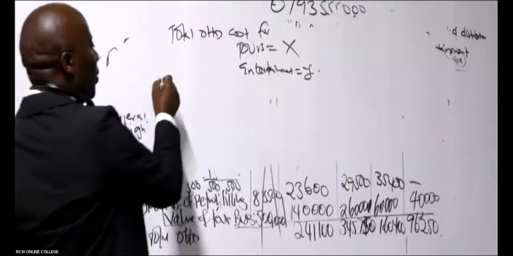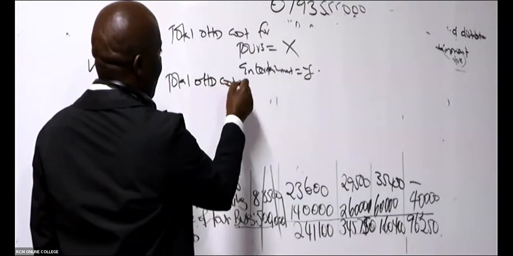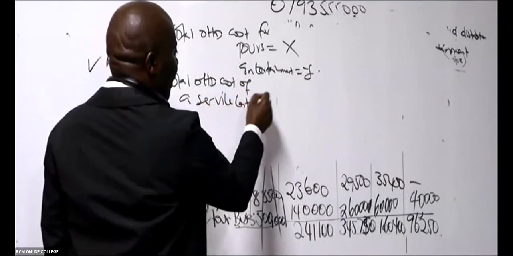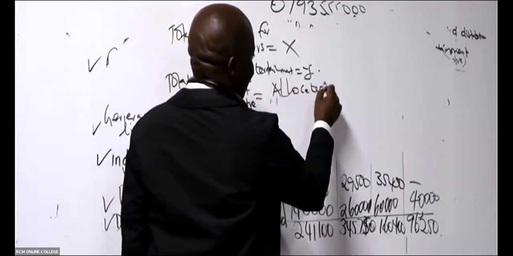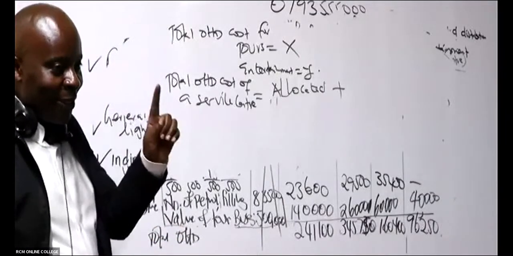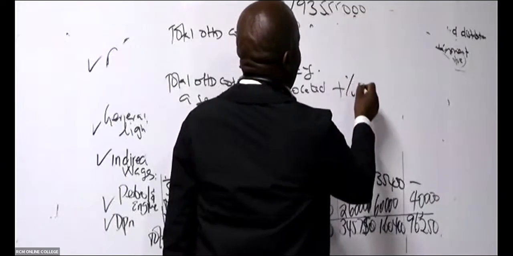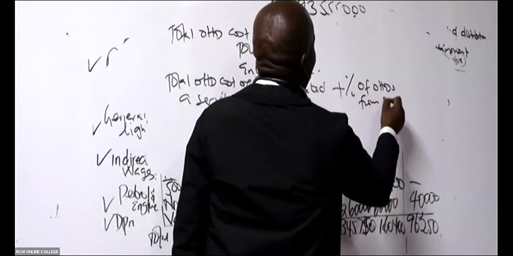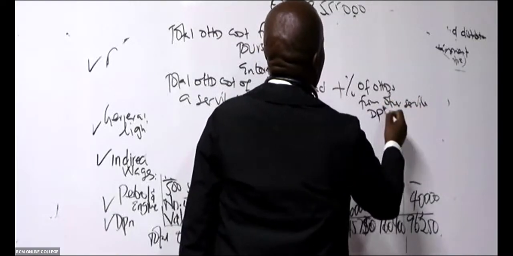We normally say total overhead cost of a service center, not any center, equals allocated overhead plus a percentage of overheads from other service departments.